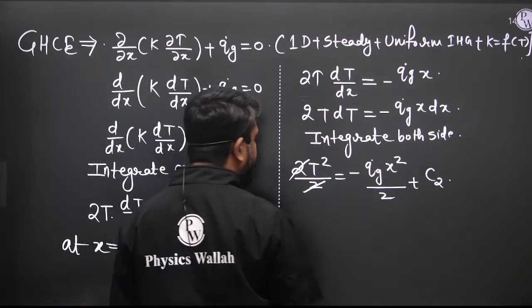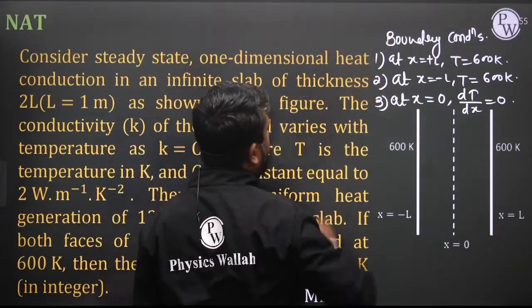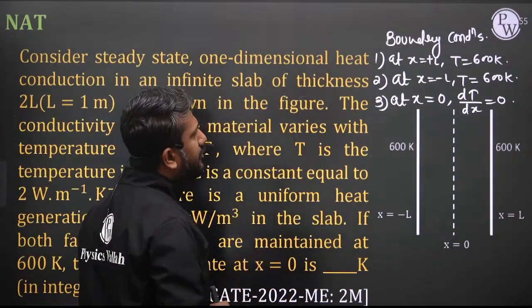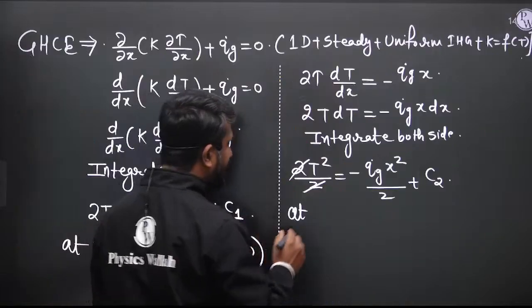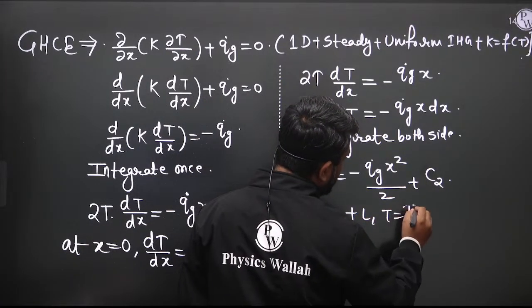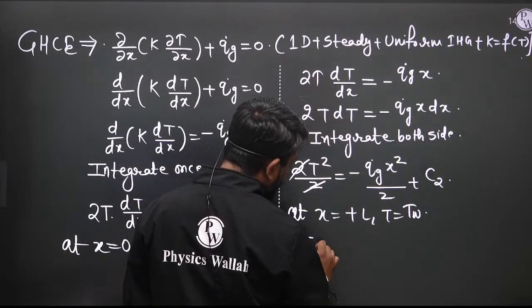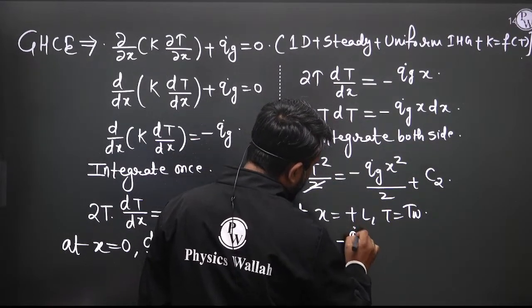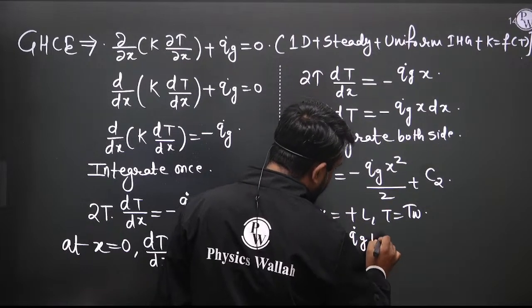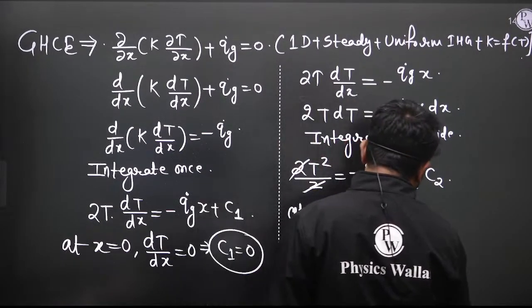For calculation of C2, you can use either boundary condition 1 or 2, any one. So at x equal to plus L, T is equal to, let us consider, TW. So TW equals minus q dot g L square divided by 2 plus C2. Now calculate C2 from here.